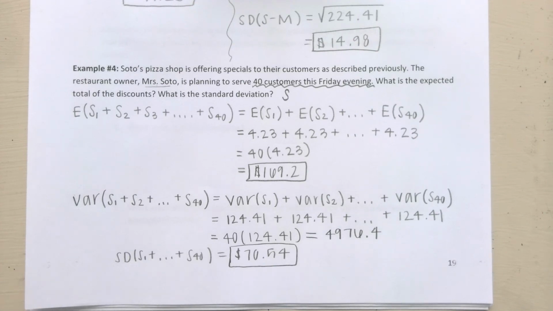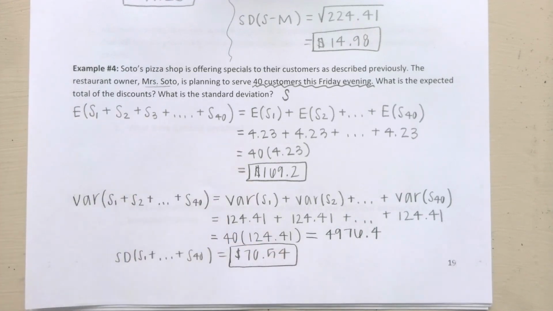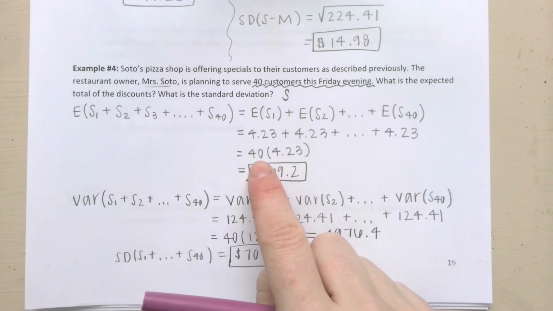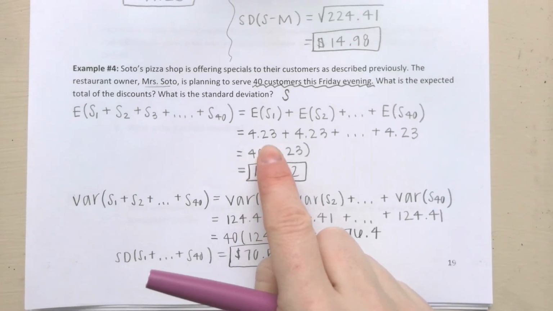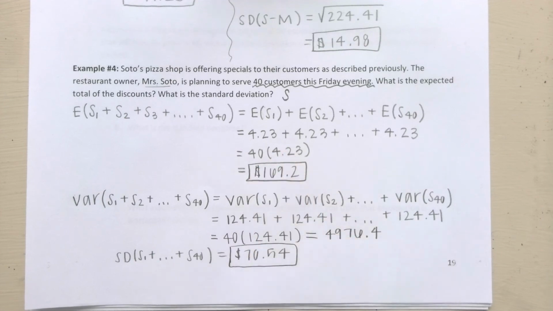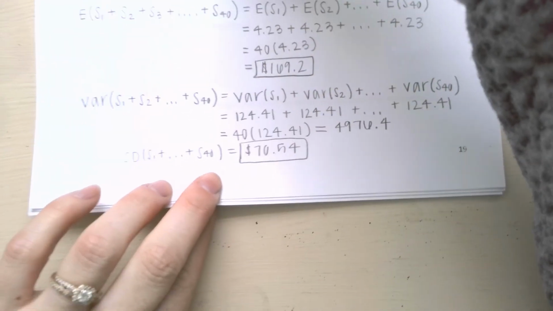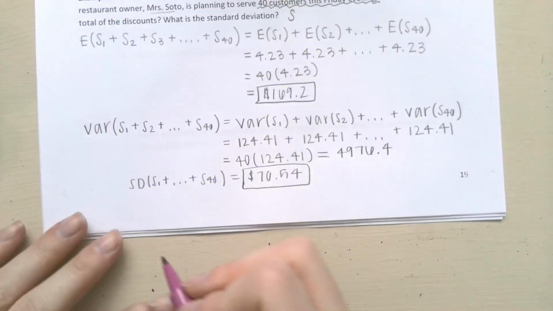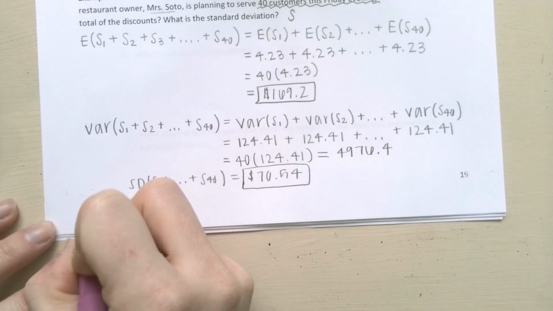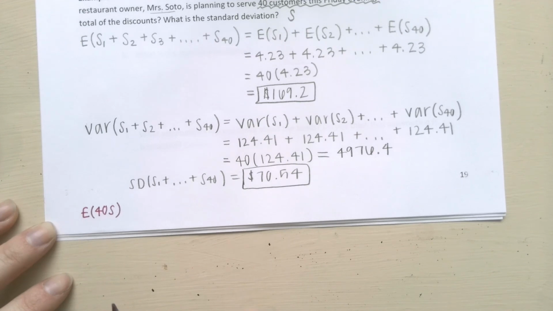Okay, I do want to point out here that what we did was separate each random variable using addition. Yes, we did end up using multiplication, but that was simply to save us time, not typing everything into our calculator. This problem would look very different if we were trying to find the expected value of 40 times the customer.